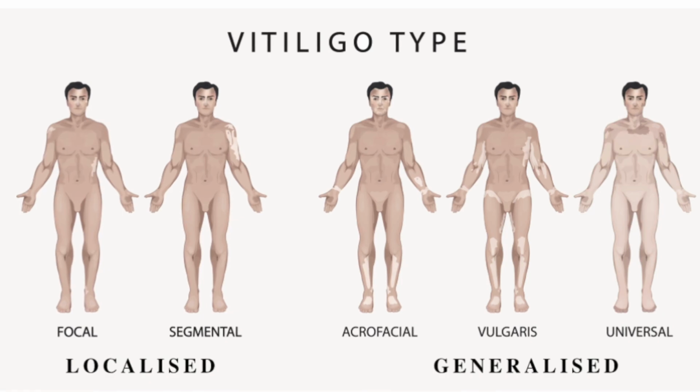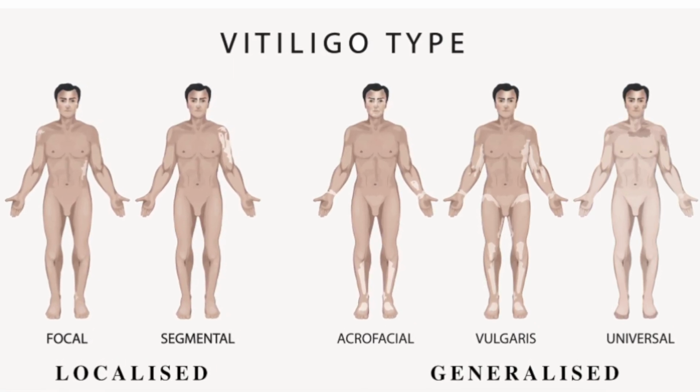So there are two types of vitiligo. It could be classified as non-segmental or segmental. For the non-segmental type, it's usually depigmented macules and patches which involve both sides of the body in a symmetrical distribution.